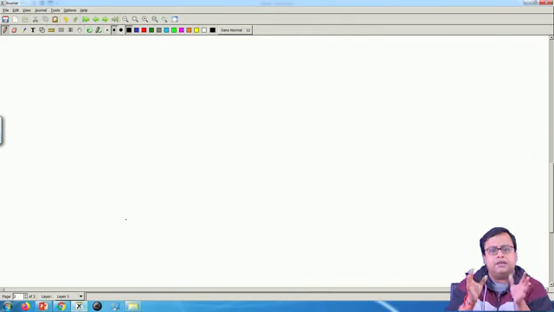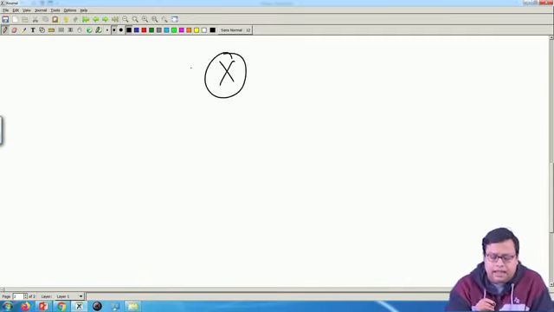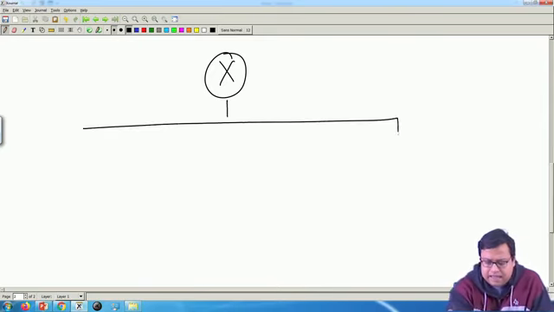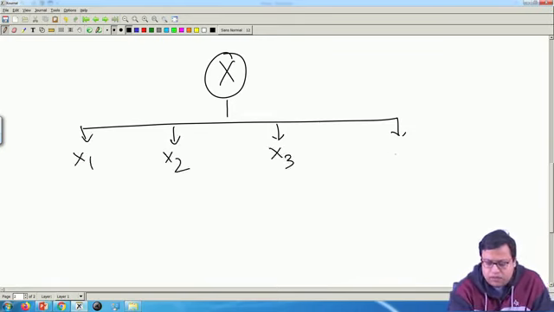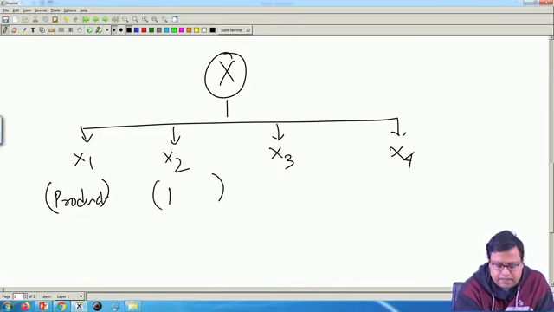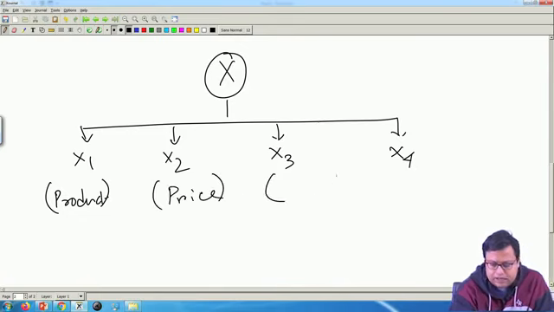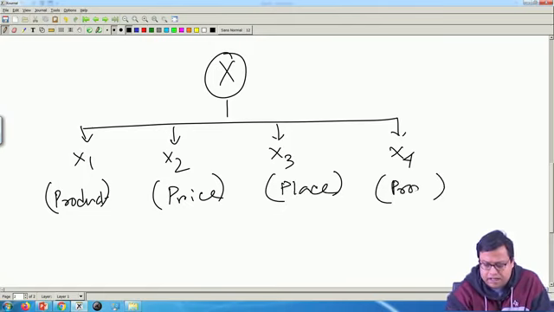Now, in marketing analytics, you have to take certain decisions where you have, let us say, X budget, and there is a basic allocation problem. You want to know, out of this X, I can break it into X1, X2, X3 and X4, and X1 goes to product, X2 goes to, let us say, price, X3 goes to place, and X4 goes to, let us say, promotion or advertisements.